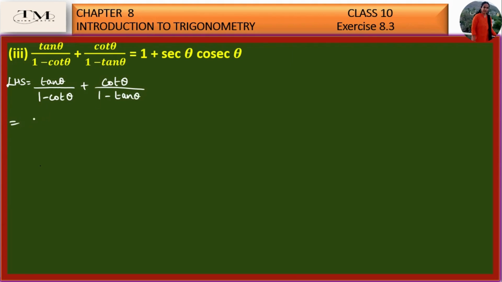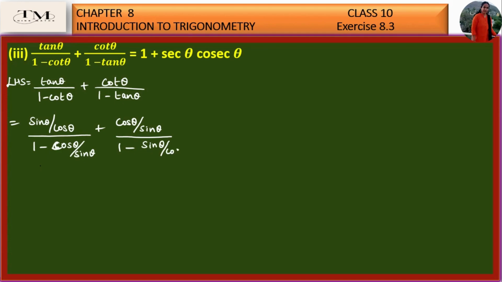Tan theta can be written as sin by cos, divided by 1 minus cot theta, which can be written as cos theta divided by sin theta, plus, divided by 1 minus tan theta, which is sin by cos. Okay. So we have converted all the values to sin and cos.